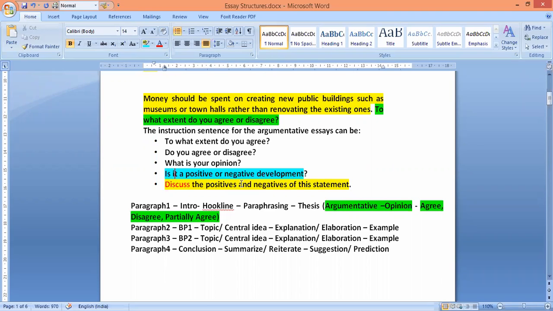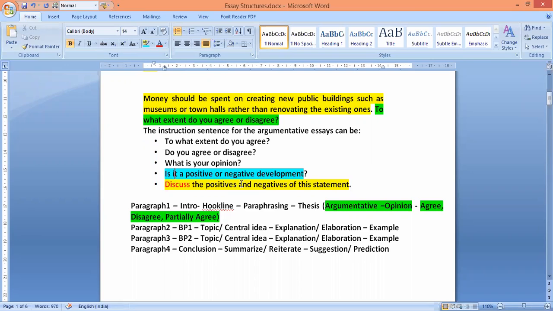How will I ask you an opinion? I can use different words. I can say, okay, what is your opinion? What do you want to do? What do you think? Do you want to go with me? Do you want to eat this? So all this is the form of your opinion. So if there is a question mark, we have to think of the opinion part.